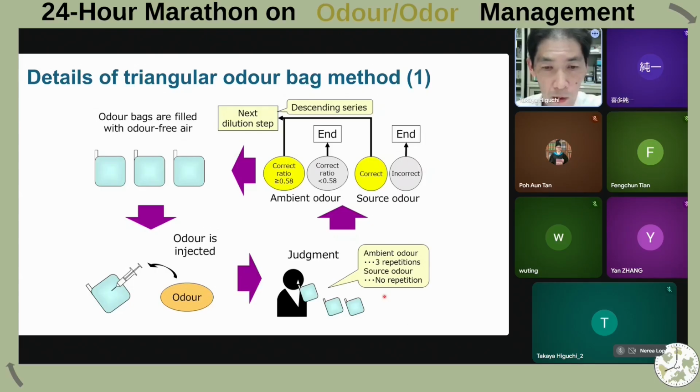The judgment is repeated 3 times for ambient odor sample, and judgment is done only once for source odor.